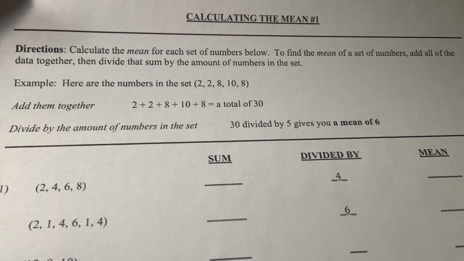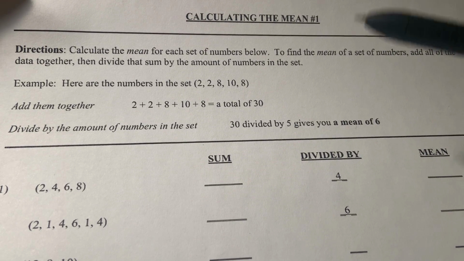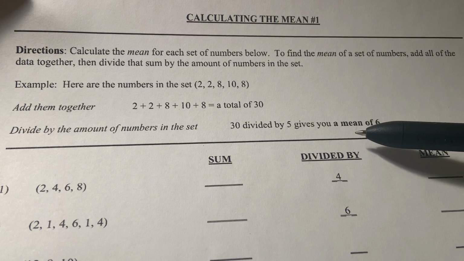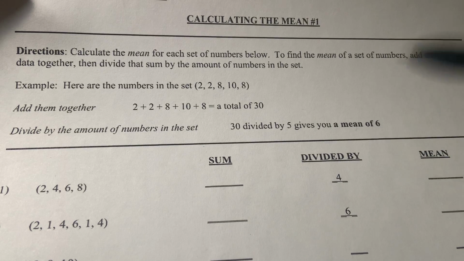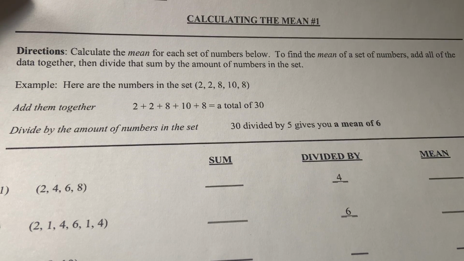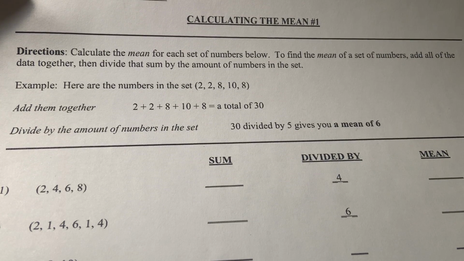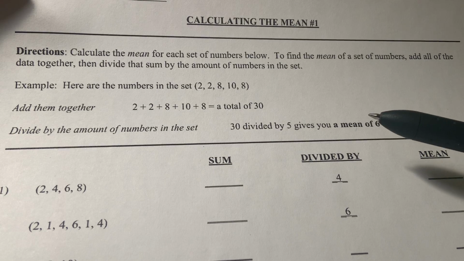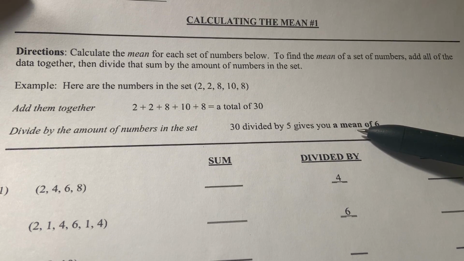One thing I want you to all be aware of is that the word mean, you can substitute the word average for mean. So basically when students say to me, Mr. Barbier, what's a word that I can just keep in my mind so I'll never forget what mean means in math? And I tell them average. When you see mean, think average.